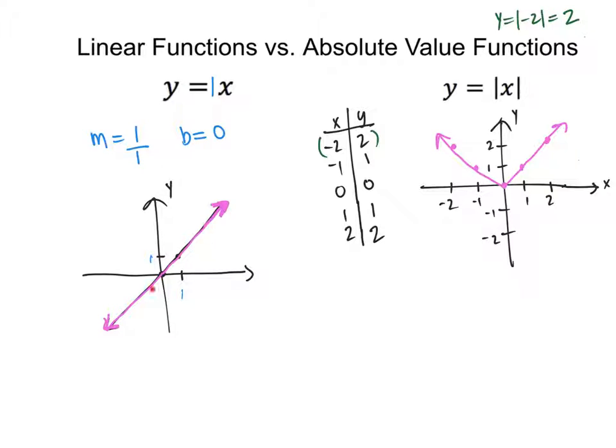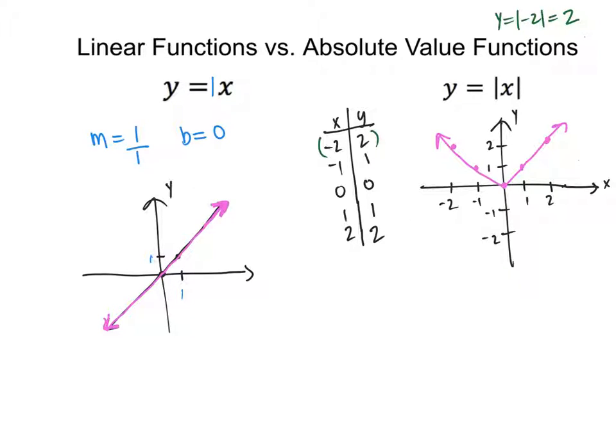So what happened here was it's like they cut off this part and they stuck it up in the third quadrant, connecting it with the other side. And so that's how I've always imagined linear functions when they're transformed to absolute value functions, is like they cut off a piece, they stuck it in a different rotation or orientation.